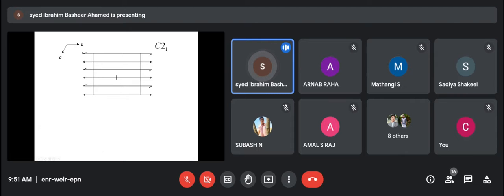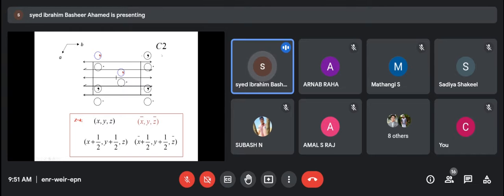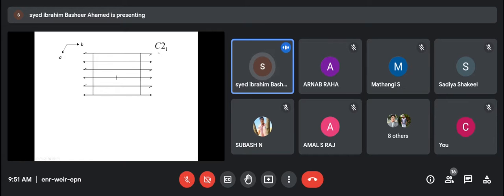In this case, like C2, every 1/4 distance you assume you have a screw axis. Is it clear?